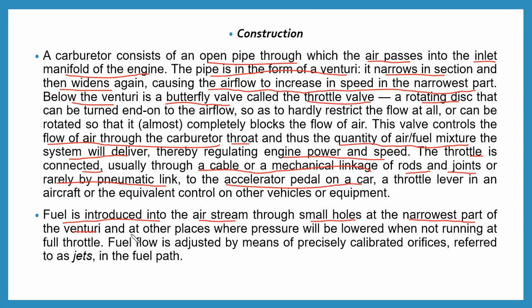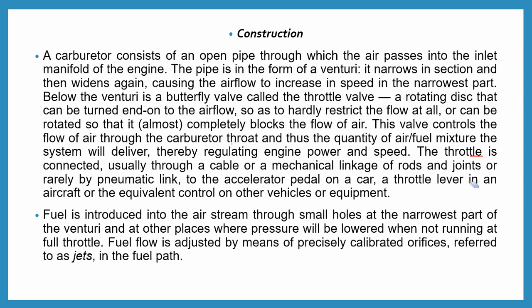The fuel flow is adjusted by means of precisely calibrated orifices, which are referred to as jets in the fuel path. So these are the basic constructions of a carburetor.